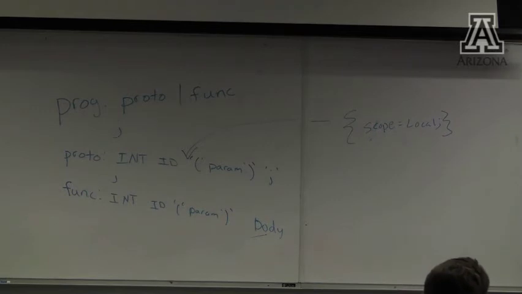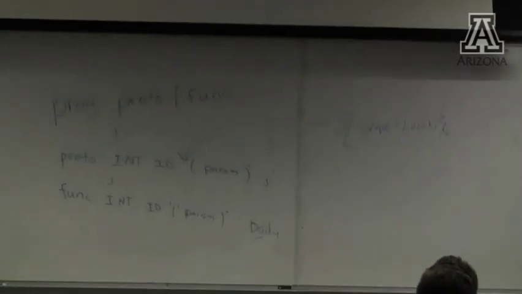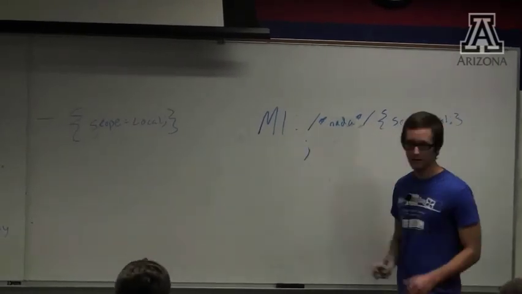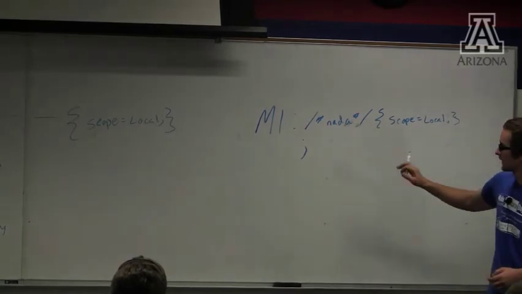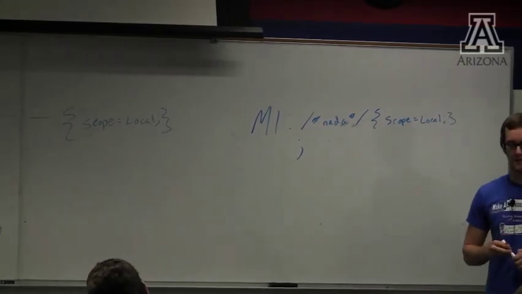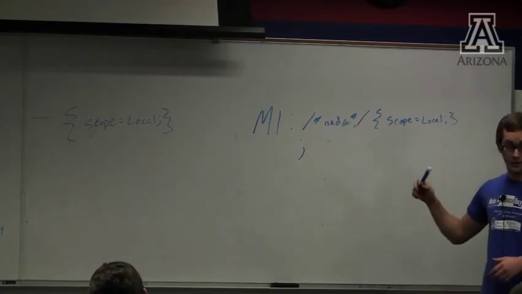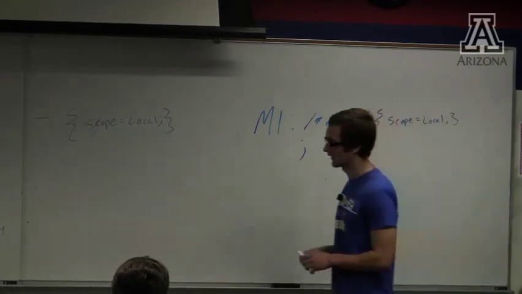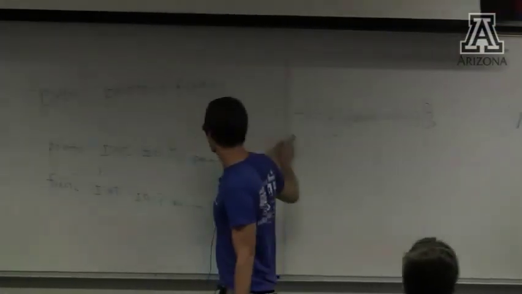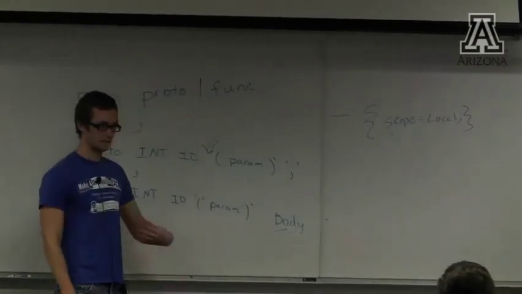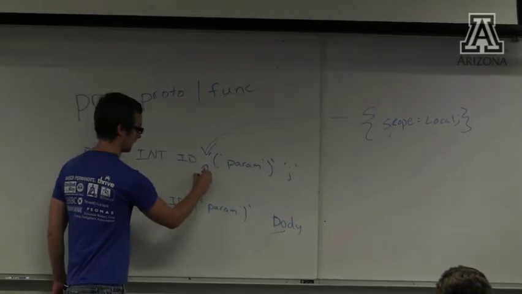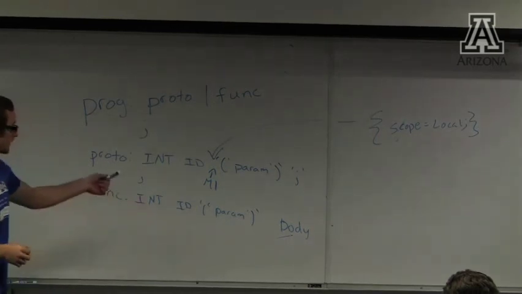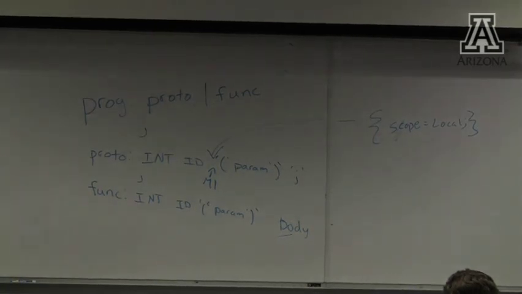But when you do this, you actually get to do scope is local. So we've made this random marker rule that doesn't actually do anything. It's an epsilon reduction, but when you actually invoke this reduction, it's going to set the scope to local. So what Yacc is going to do is put M1 right there. It's going to parse along, and then it's going to reduce to M1. That action's going to happen, and we'll be happy.